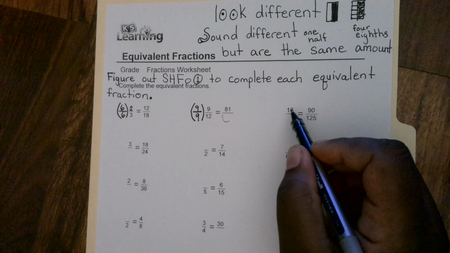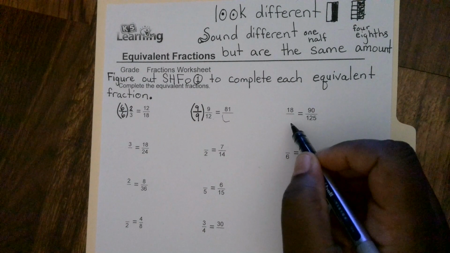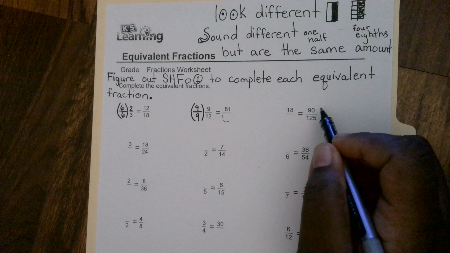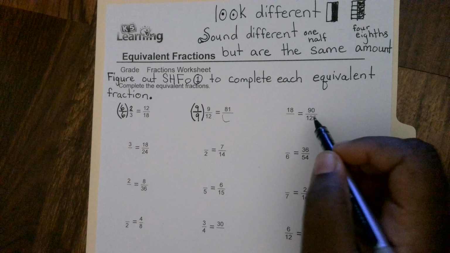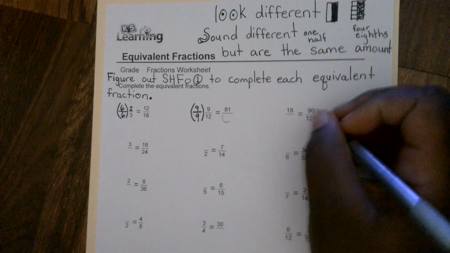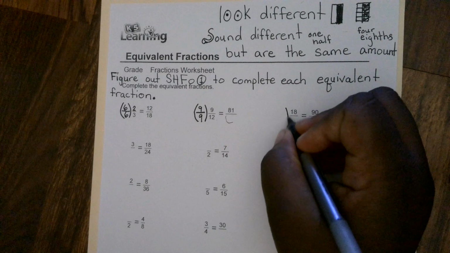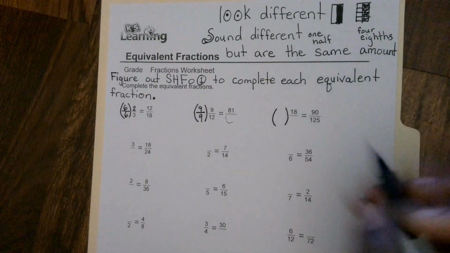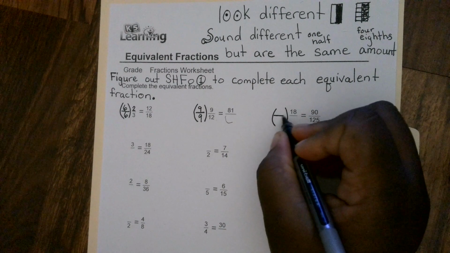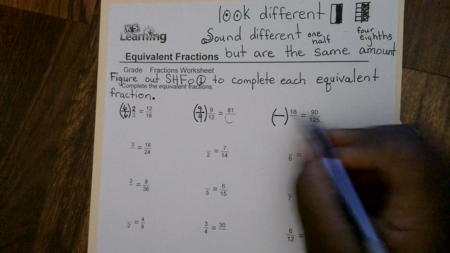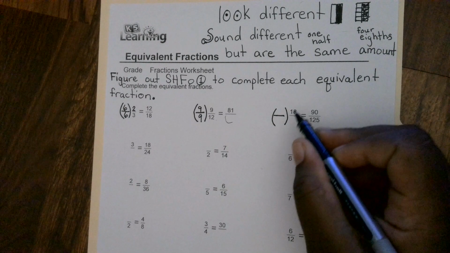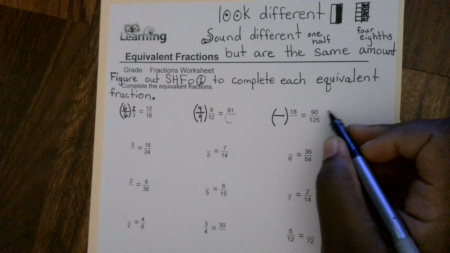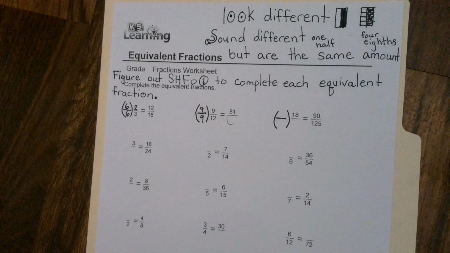Next, 18 somethings is equivalent to 90 125ths. And so I asked myself, okay, well, what is SHFU? What can I multiply by here? 18 times what will give me 90?